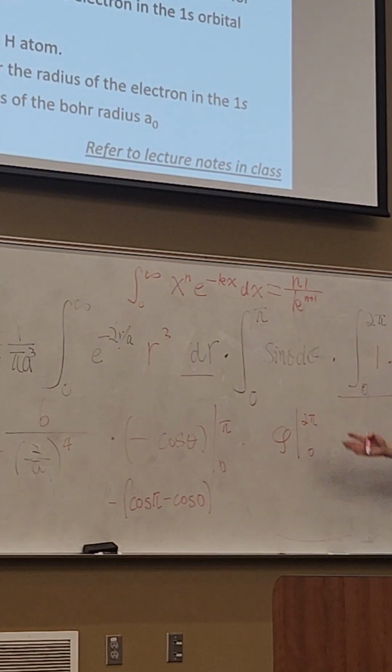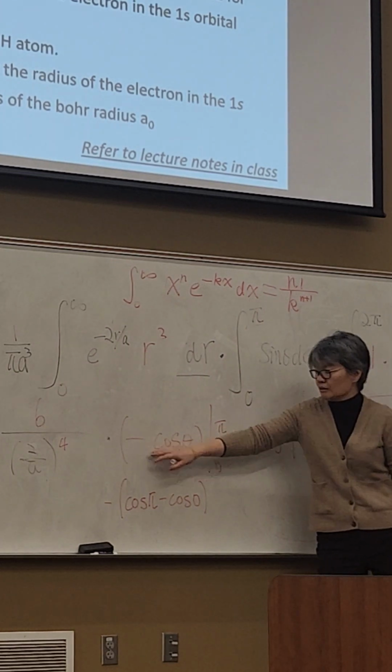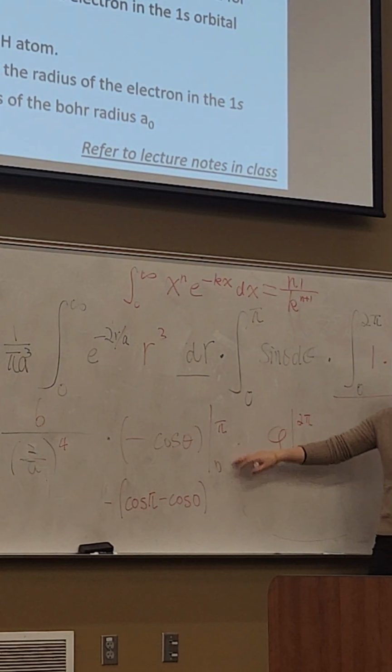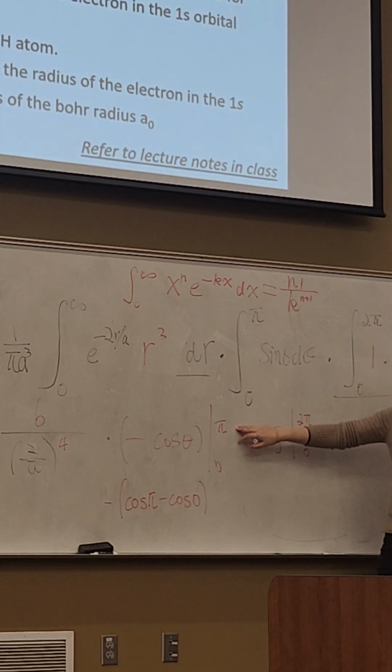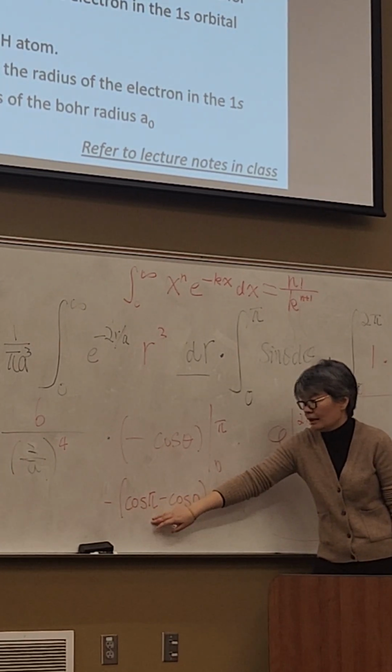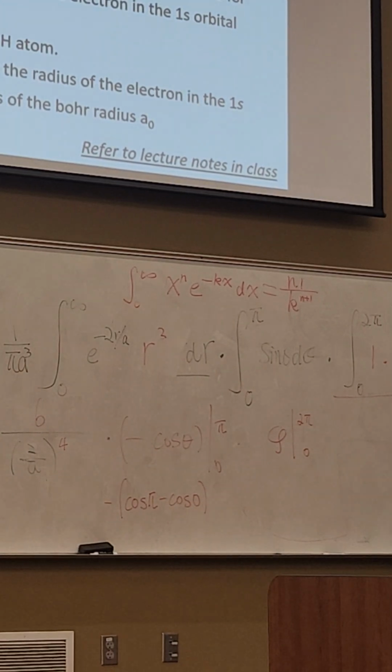If I want to carry on, with me? All of this integration is negative cosine theta. Now I need to put the limits in there, right? The limits is the pi first, so cosine pi minus cosine 0. Yeah? Okay, now what is the value of cosine pi?